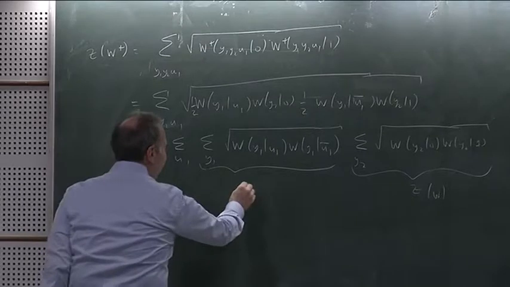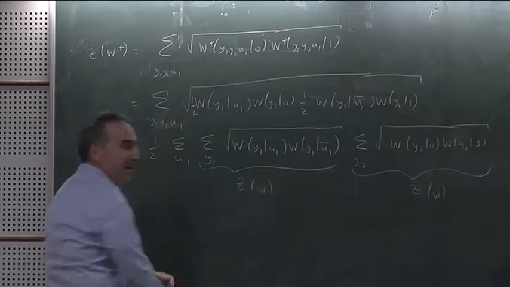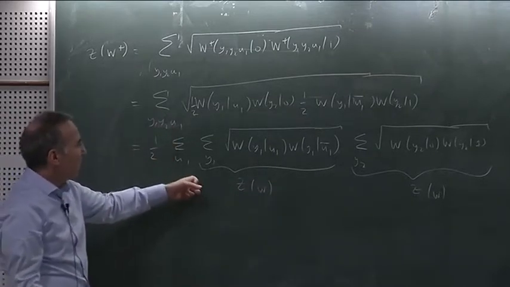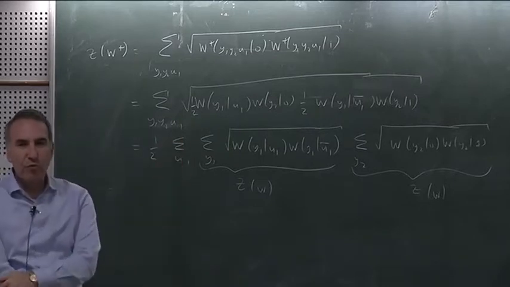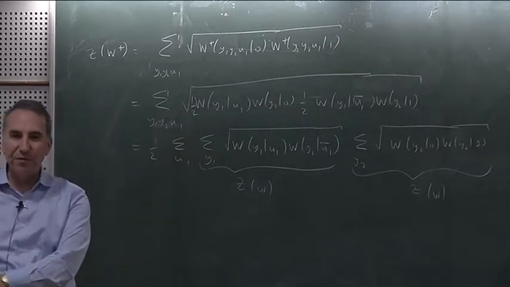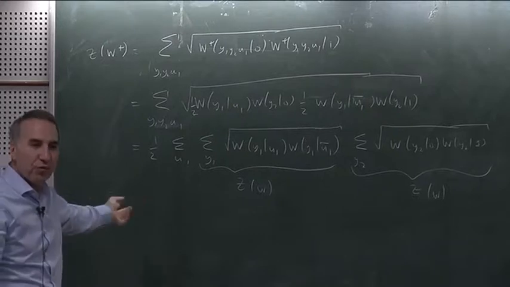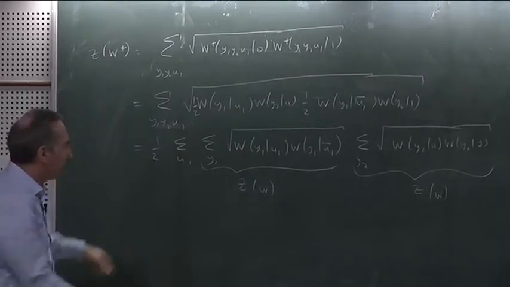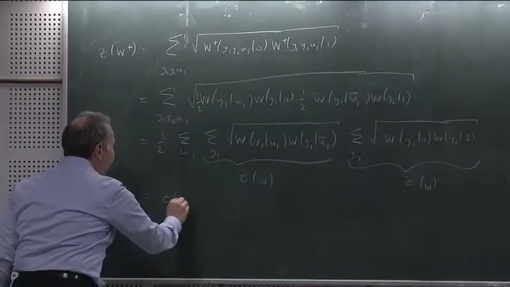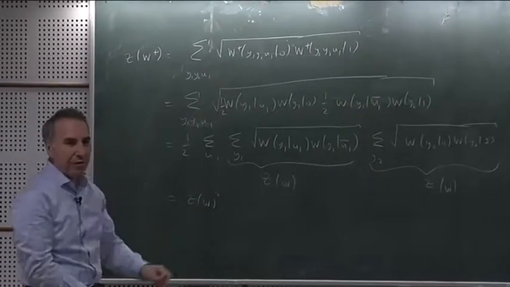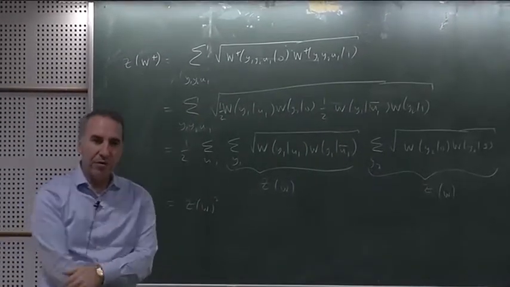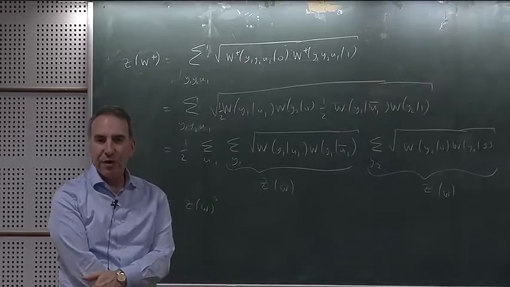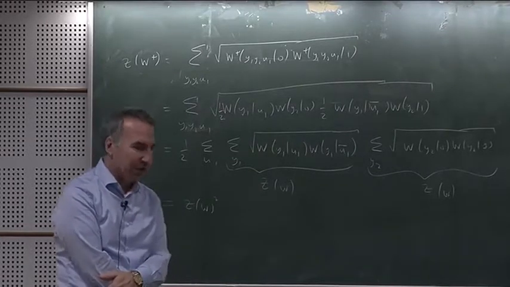So this is also Z of W for every U1. You're summing over all U1s, there are only two values, 0 and 1, of Z squared. So you get 2 Z squared in this whole sum. You divide by 2, you get Z squared. So we see that going in the plus direction simply squares the Bhattacharya parameter Z.